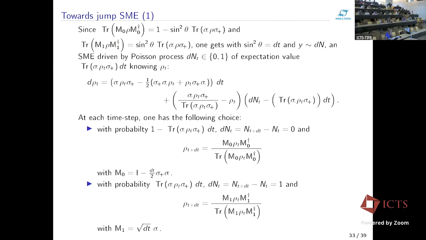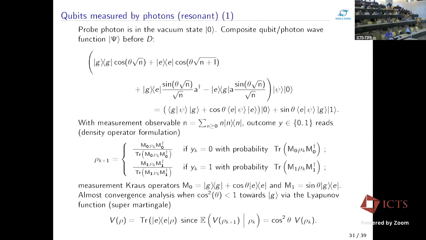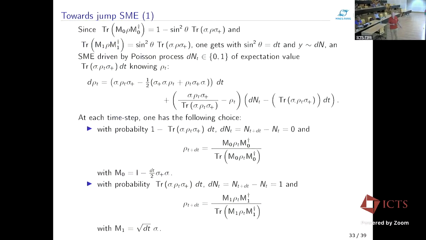Yes. The square root comes from the fact that I have a sine square. You see, the square root comes from this. In m, I have a sine here, and I take dt as a sine square. So it's just this. There's never any role for the Wiener process.